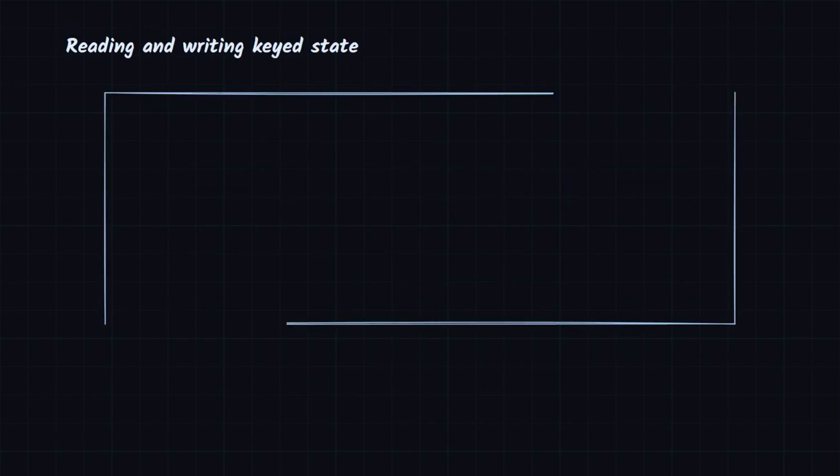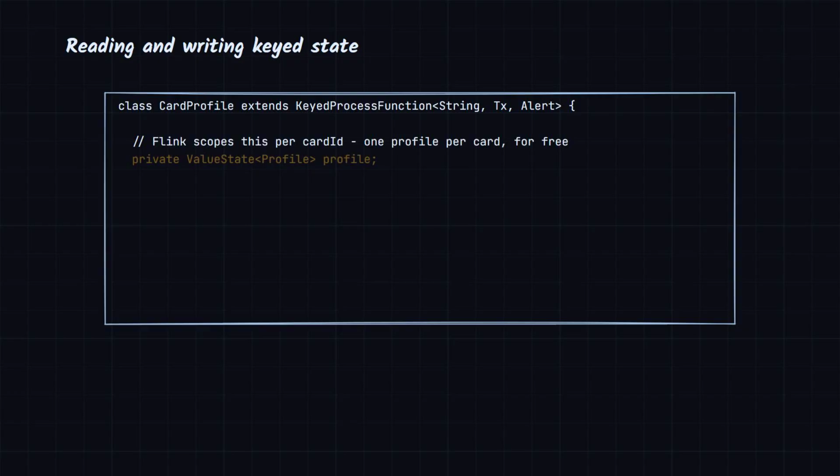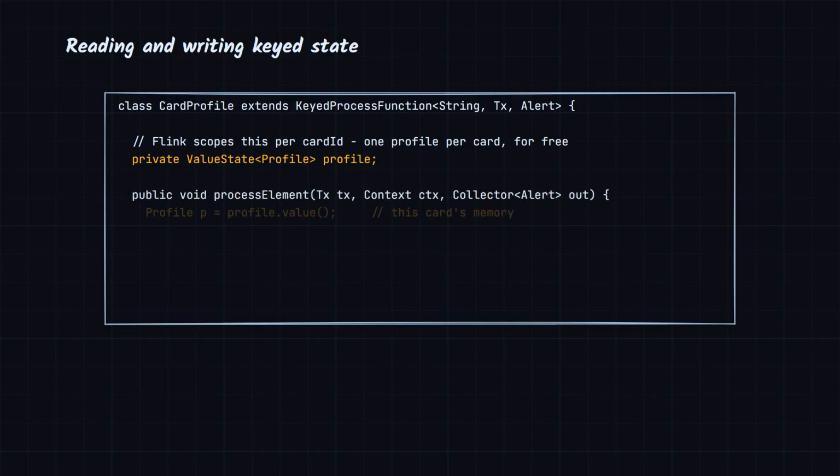In code, it is almost boring, which is the point. We extend a keyed process function. We declare a piece of value state, and Flink scopes it per card for us. So there's exactly one profile per card ID, and we never write that partitioning logic ourselves. Then for every transaction we read this card's memory, update the running aggregate, and write it back.